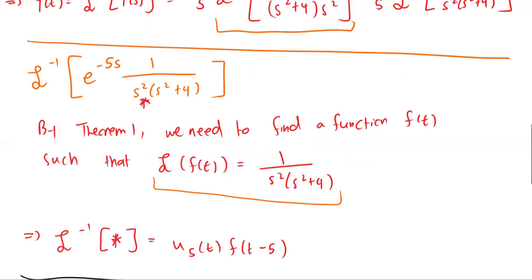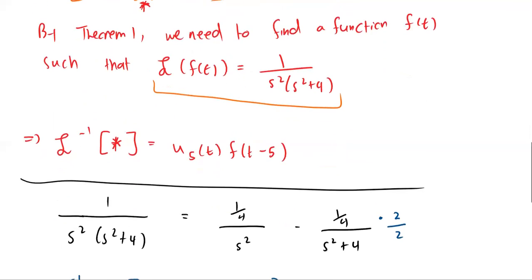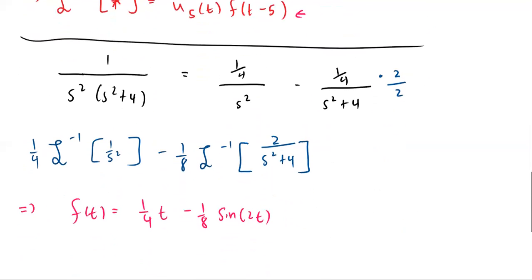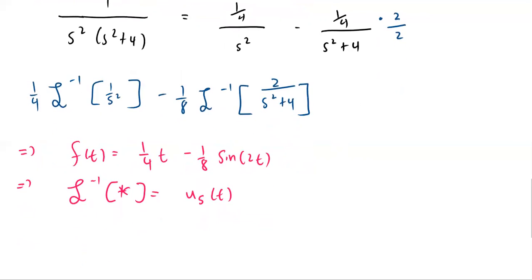And then putting it all together into this part, the Laplace inverse of star, the original thing we're trying to find, is equal to u sub 5 of t times f of t shifted 5 units to the right. So 1/4 (t minus 5) minus 1/8 sine of 2(t minus 5).